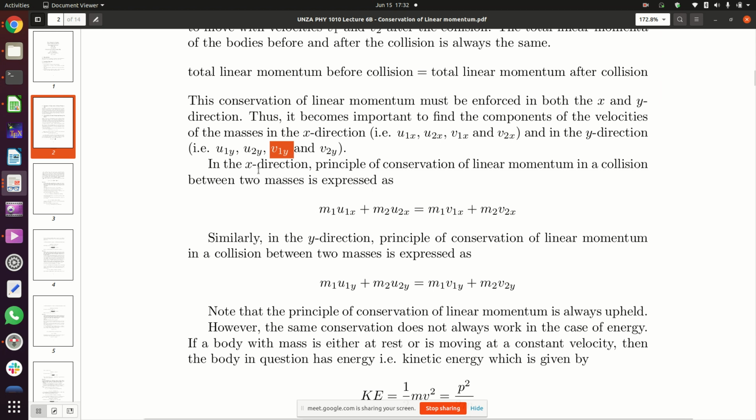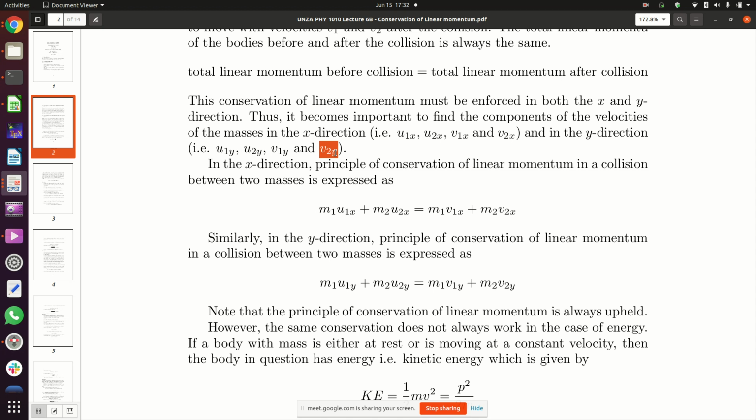You also need to find what is the velocity of the second object after collision along the y direction. So you need to have a table of components where you work out for the first object before it collides, what is its x component, what is its y component. For the second object before it collides, you need to find out what is its x component, what is its y component.